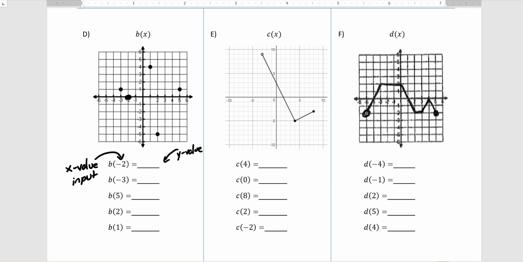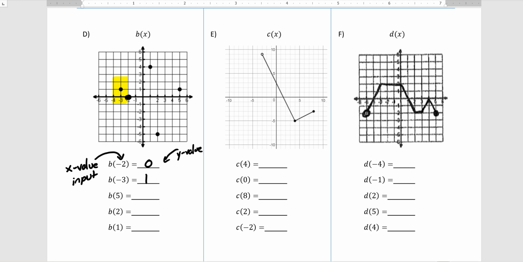B of negative 2, what y value is that? What output does it have? 0. All right, looking at b of negative 3, that's this point right here, what output does it have? Well, it's at 1. That's the y value, right?